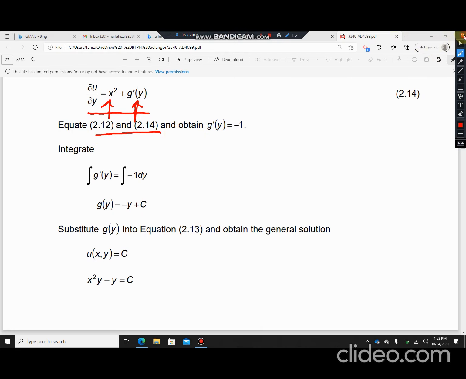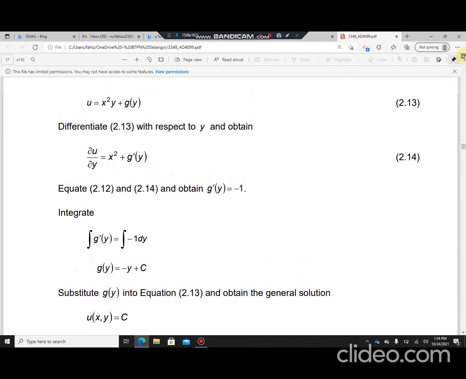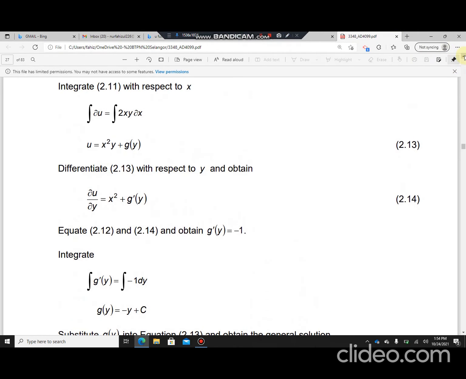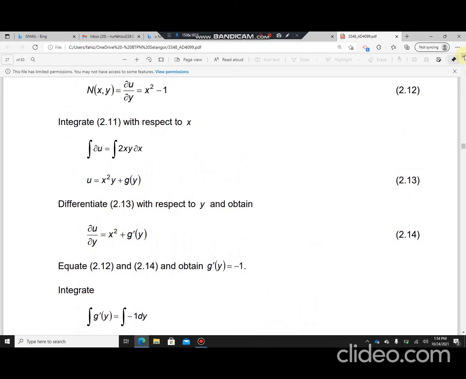Okay, antara ni kita akan compare kan 2.12. 2.12 this one, which is N(x,y), N(x,y) equals to x square minus 1.